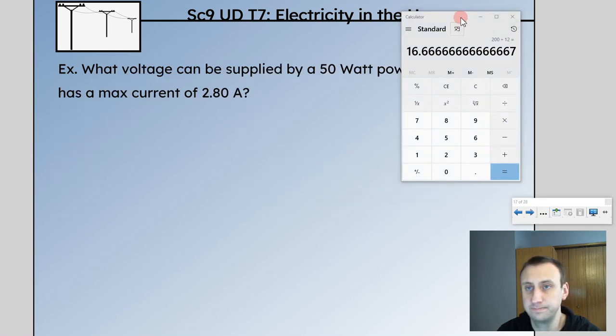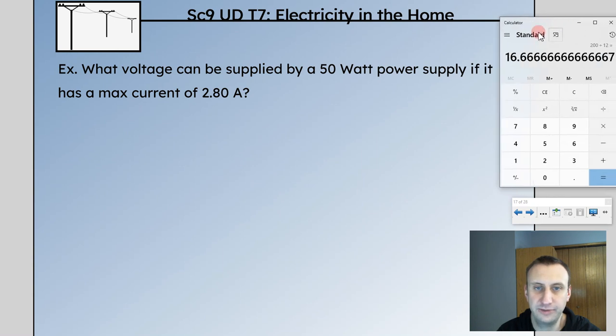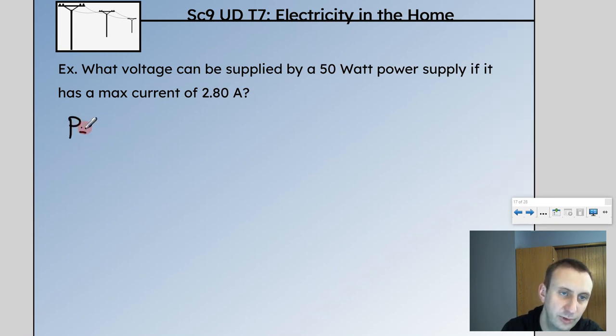Let's try one more. What voltage can be supplied to a 50 watt power supply if it has a max current of 2.80 amps? So now I'm doing a little bit of a different calculation. I am now finding voltage instead. So I have 50 watts for my power. I have a current, an I, equal to 2.80 amps.